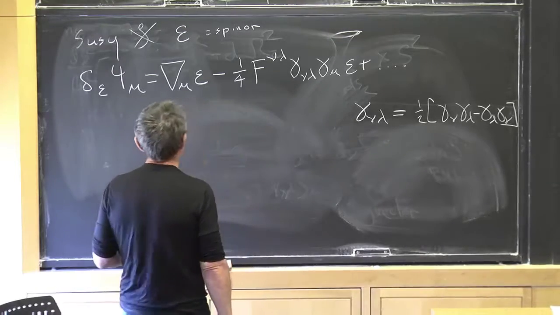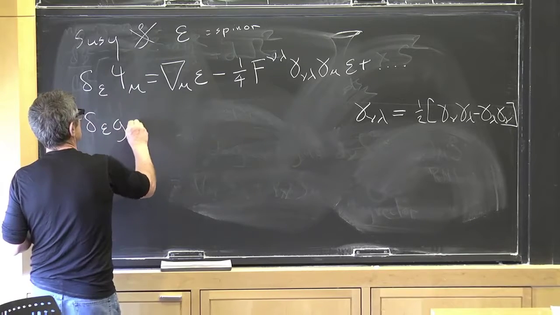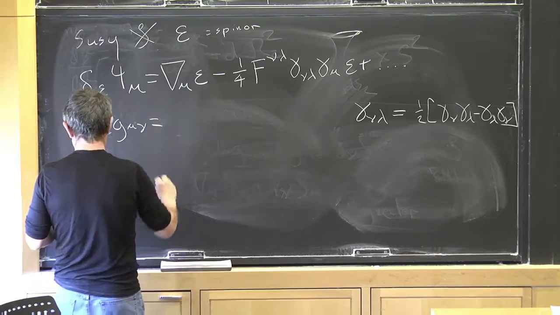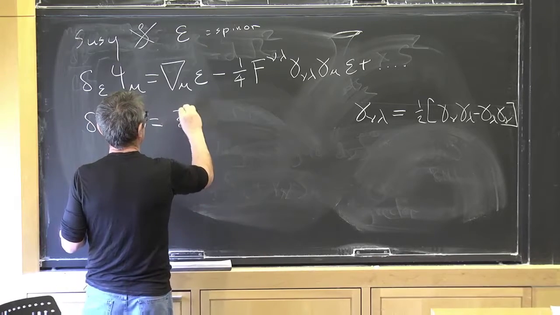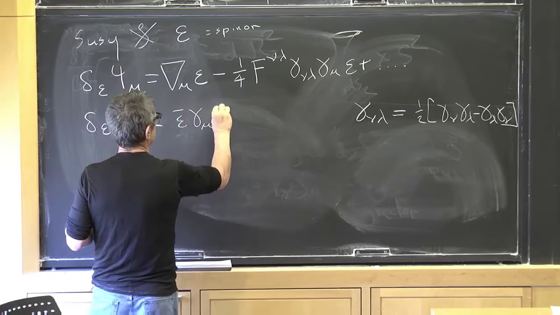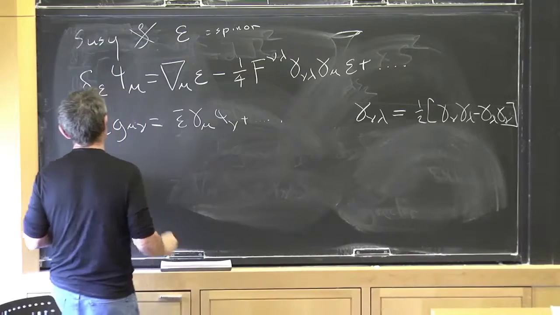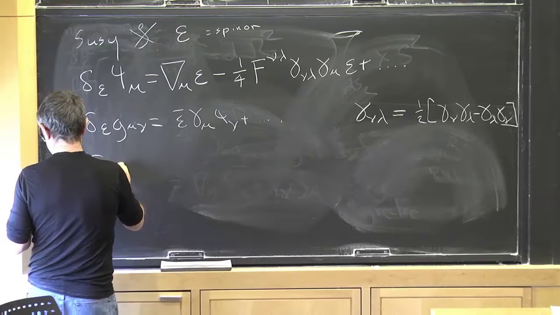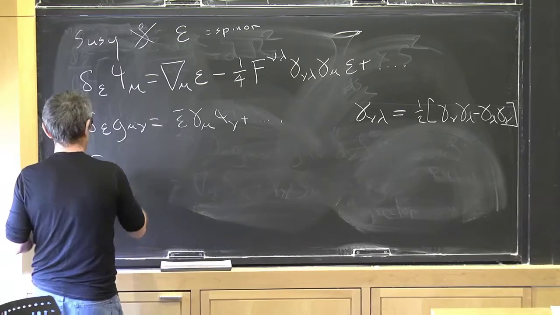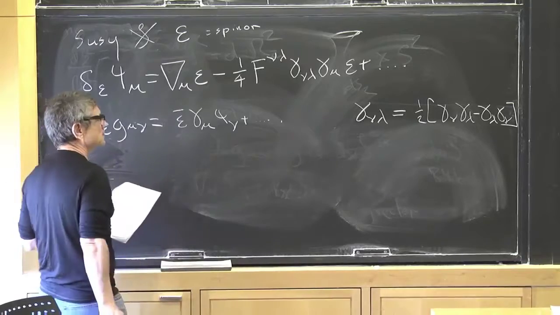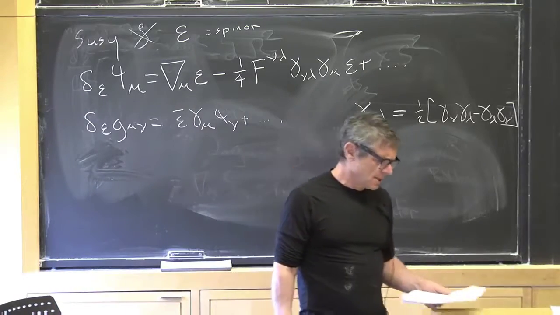Okay, and then delta epsilon g mu nu is equal to epsilon bar gamma mu psi nu plus dot dot dot. And delta epsilon A, actually, I'm not even going to write down because I'm not going to need it.